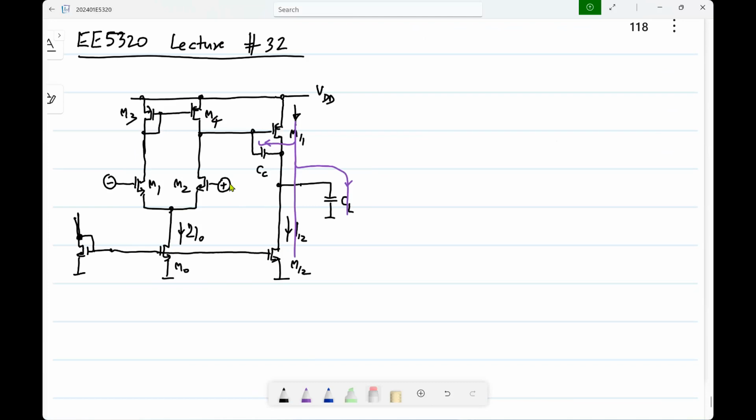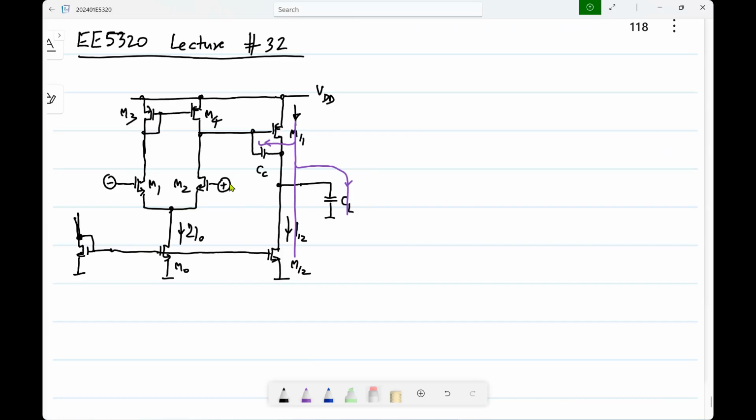Invariably, the GM2, the second stage transconductance, will be more than the first stage. This we have seen earlier also, to keep the zero beyond the unity loop gain frequency and so on. So you design the second stage to have a larger GM than the first stage. And of course, noise and mismatch are dominated by the first stage.